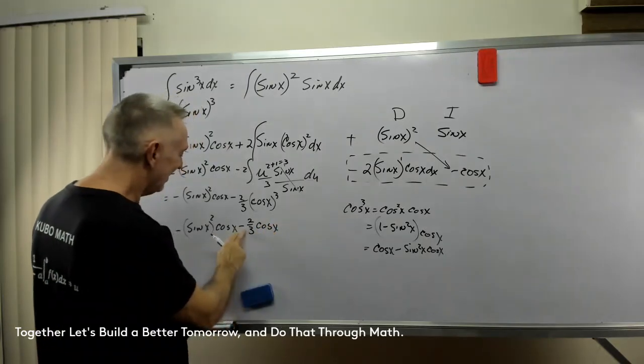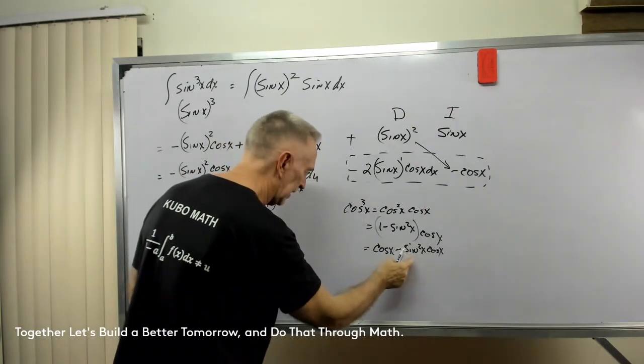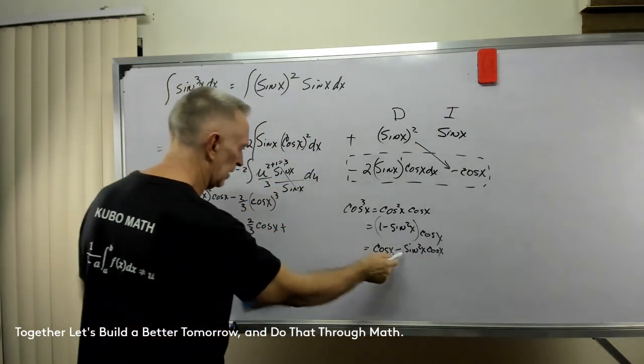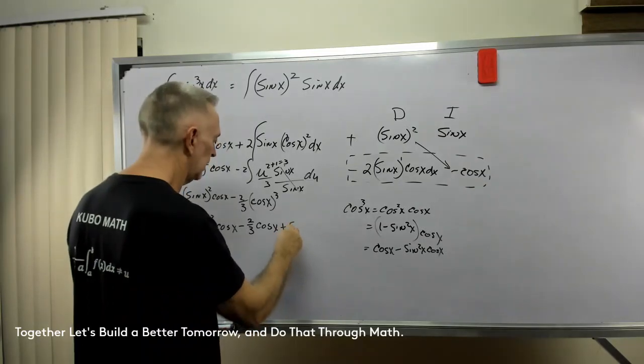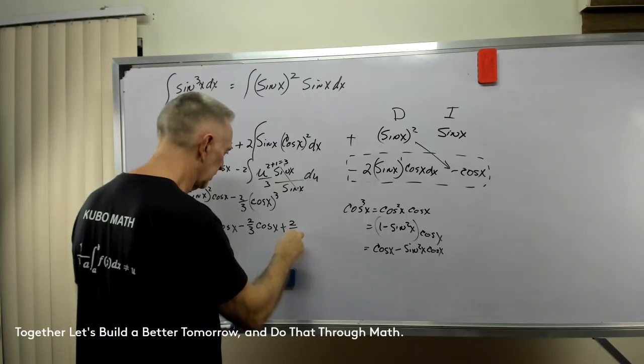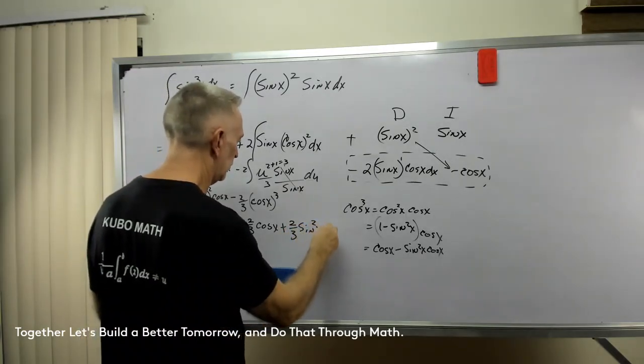And now this negative 2/3 times negative sine squared x cosine x: a negative times a negative gives me a positive, positive 2/3 sine squared x cosine x.